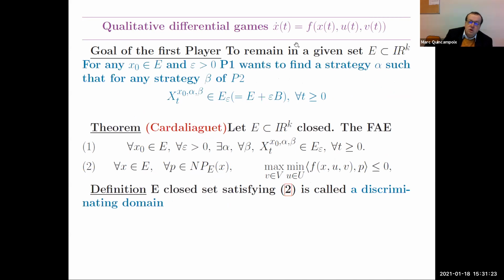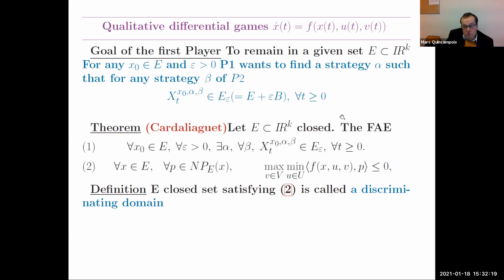And now let me go back to differential games, in the qualitative differential game. We have a set E in the state variable space where the variable x lives, and the goal of the first player is to make the state x remain in the given set E. In fact, for every x0 in E and for every positive epsilon, which is technical, the player wants to find a strategy such that the state remains in the epsilon neighborhood of E for every T, whatever the strategy of the second player.